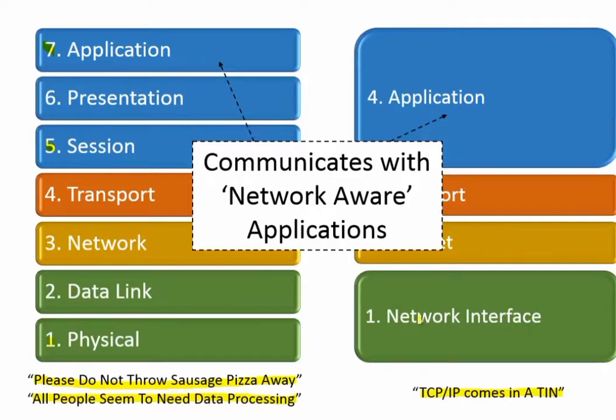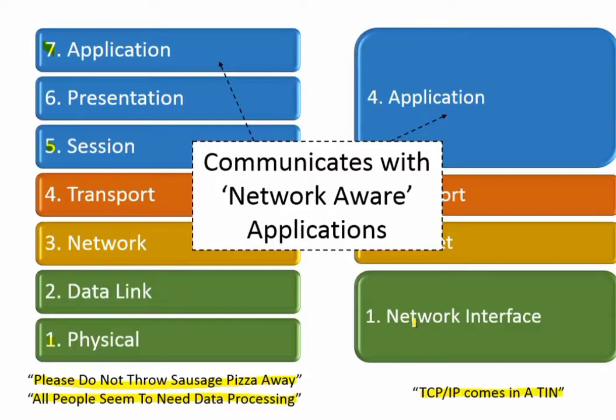Similarly, on a normal system, if you fire up your web browser, maybe Chrome, Internet Explorer, Safari or any of the web browsers, and type www.cnn.com, that web browser creates an HTTP request and communicates with your application layer.